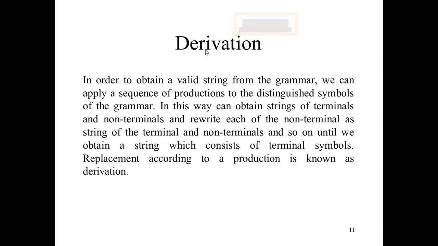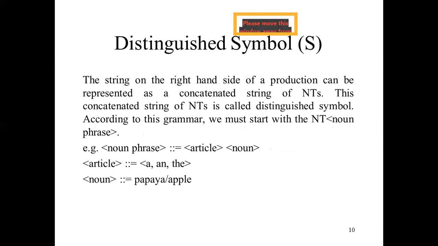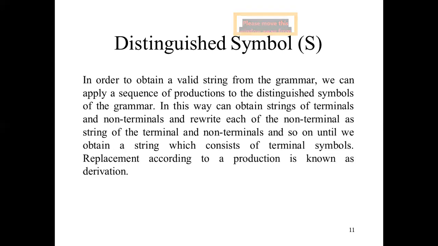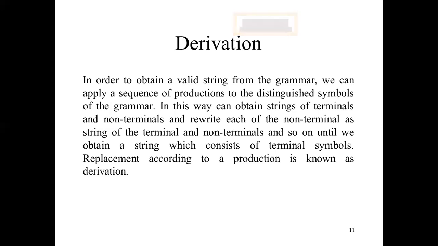So either this is a side of the left hand or the right hand. In order to obtain a valid string from the grammar, we can apply a sequence of productions to the distinguish symbol. Now you are already aware what the distinguish symbol is. Again, you have to remember the string on the right hand side. Just remember this.